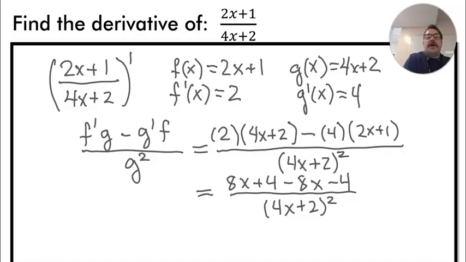Why do we get 0 from the original equation? Are there any giveaways? Looking at the original function, I like how you're thinking, but I think we're making it a little too complicated. Is there anything in common between 2x plus 1 and 4x plus 2?